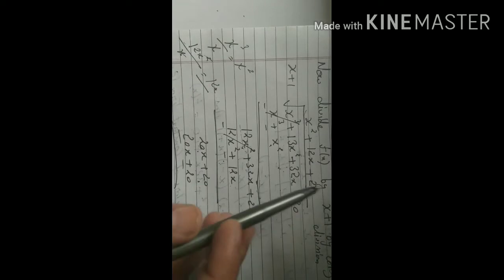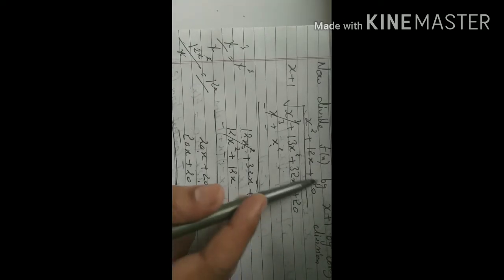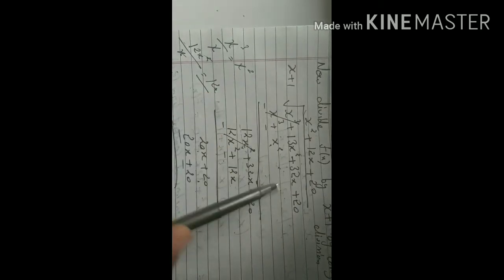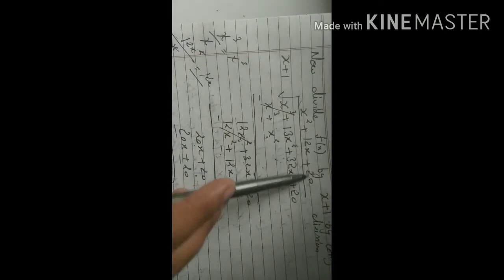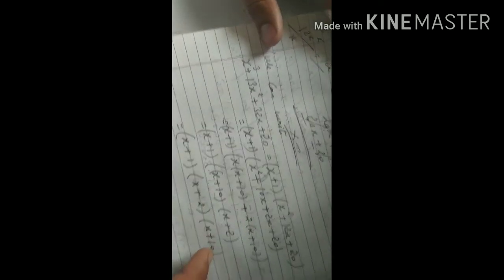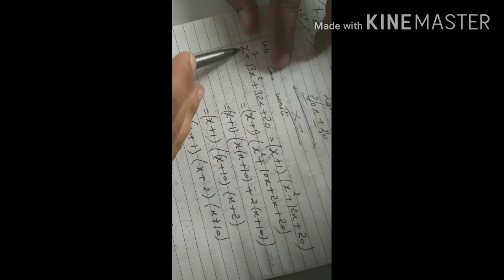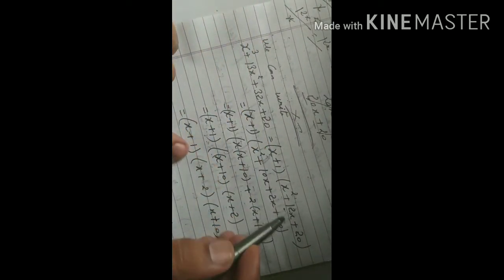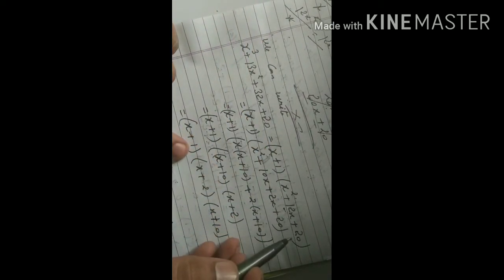And now for 20x we take 20, because 20 into x equals 20x, then 20 into 1 is equal to 20. After changing the sign, both these terms cancel, and the remainder is 0. If the remainder is 0, then we can write this polynomial as x plus 1 into x square plus 12x plus 20.